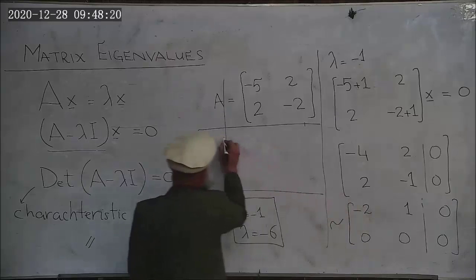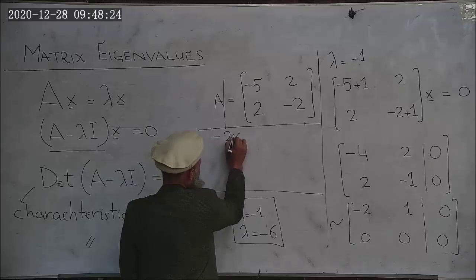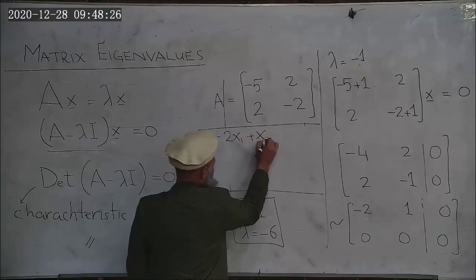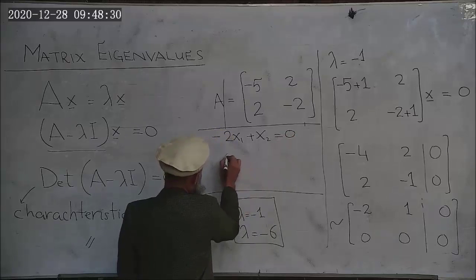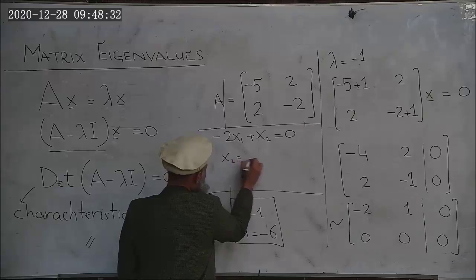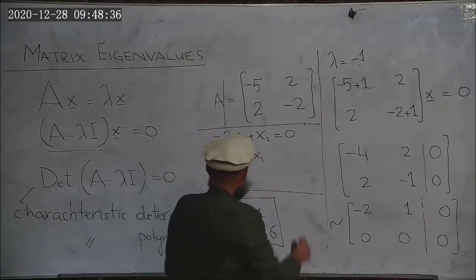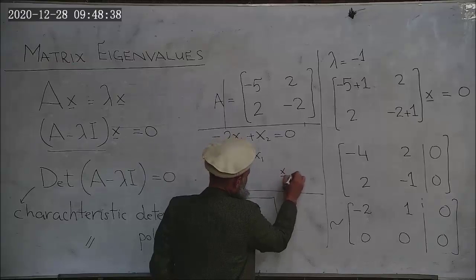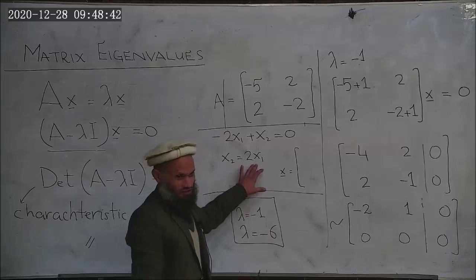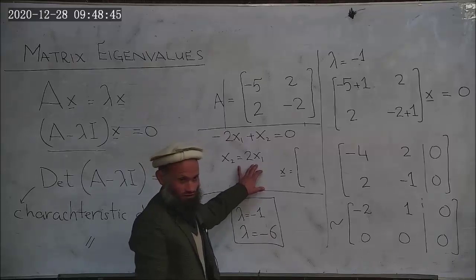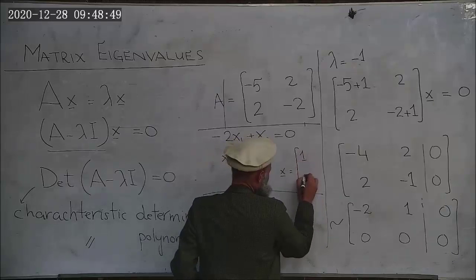Among those infinitely many solutions, you find some linearly independent solutions. Here you get the equation -2x1 plus x2 equal to 0. From here, x2 is equal to 2x1. So what is the solution? Take any arbitrary value of x1, and that will give you the value of x2.